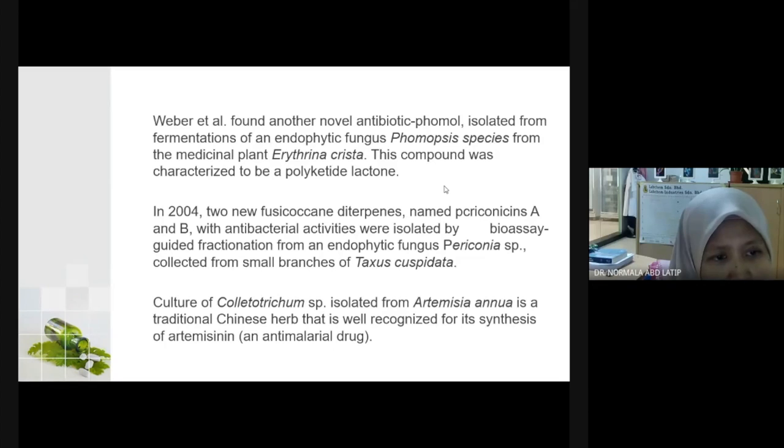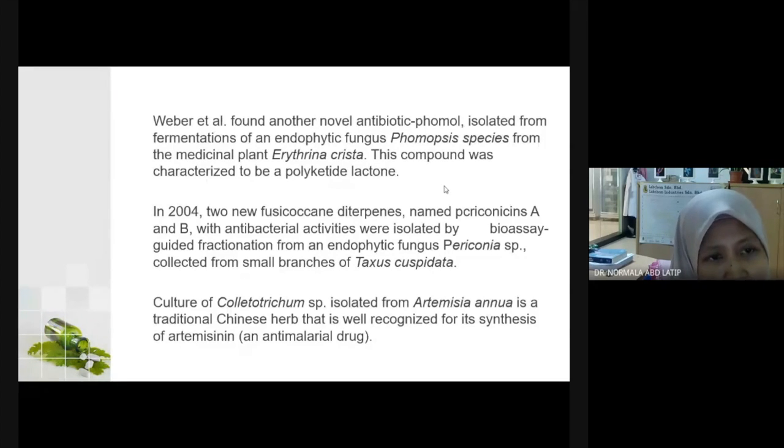In 2004, they found two new fusicoccadiene-type metabolites, periconicins A and B, which have antibacterial activities, and these metabolites were isolated by bioassay-guided fractionation from endophytic fungi of Periconia, collected from the small branches of Taxus cuspidata.